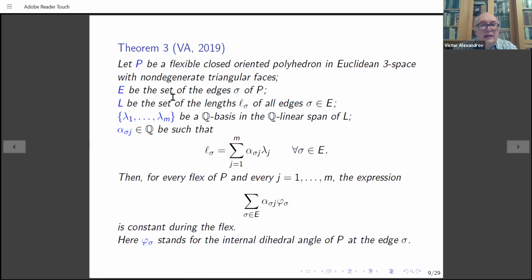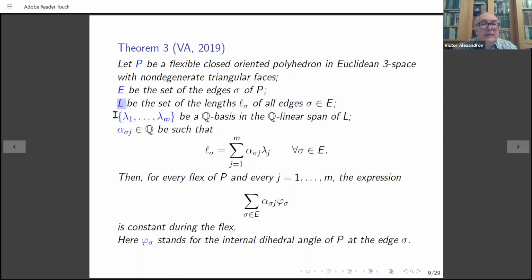Let E be the set of the edges sigma of P. Let L be the set of the lengths L sigma of all edges sigma. So L is a finite set of real numbers.